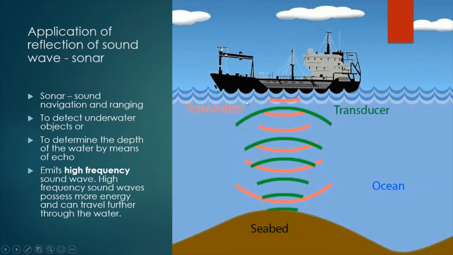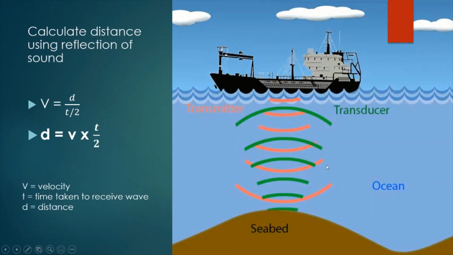So the time difference between the sound sent off and the sound received enables us to calculate the depth of sea. By using this formula of speed equals distance over time, we are able to calculate the depth of sea. But bear in mind, here the time has to be halved, simply because the sound wave is sent into the sea and then reflected and received by the transducer.